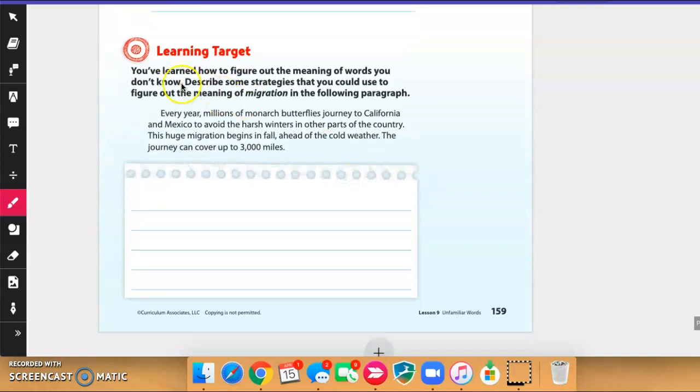And then after you finish, it wants you to write a little bit about the learning target, which is you've learned how to figure out the meaning of words you don't know. Describe some strategies that you could use to figure out the meaning of migration in this paragraph. So you want to underline the word migration and read to find out what the word migration means and write your answer here.